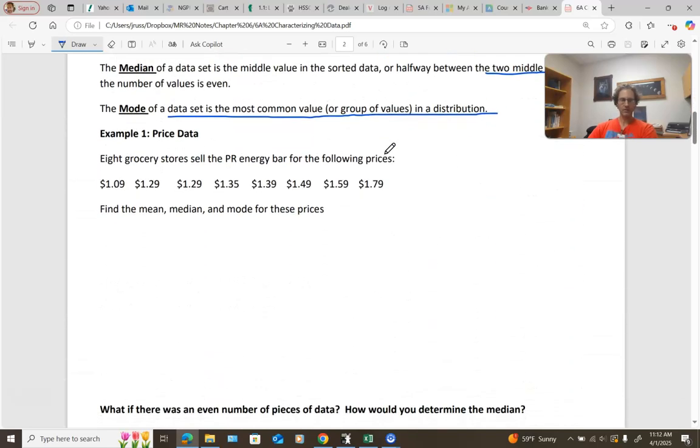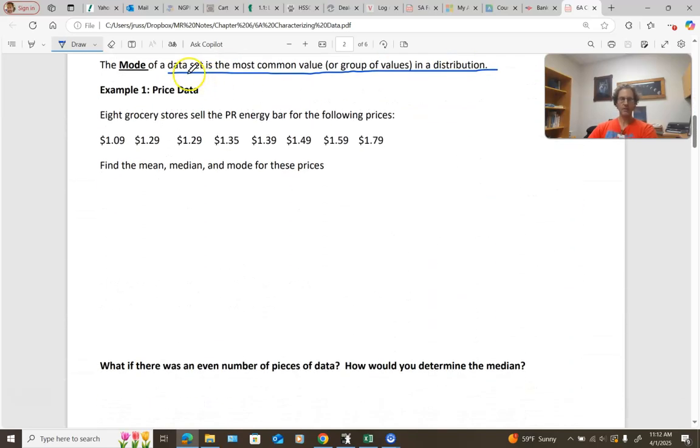All right, so let's look at example 1. We've got some data. It's a sample from 8 grocery stores of this particular energy bar, and we're looking at the prices of this energy bar taken from 8 grocery stores. What we want to do is find the mean, the median, and the mode for this data set. So we'll start with the mean.